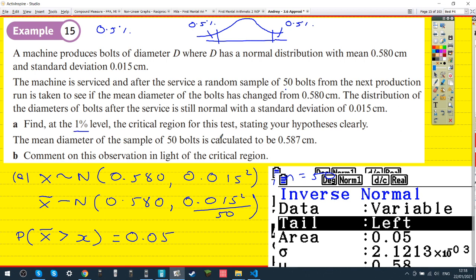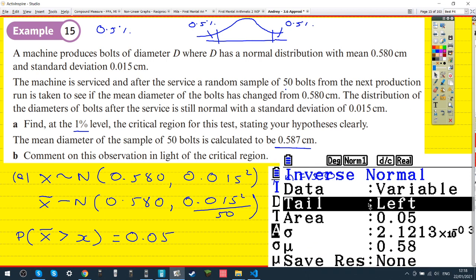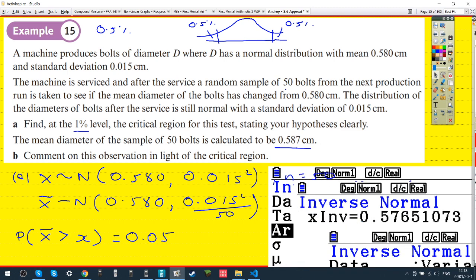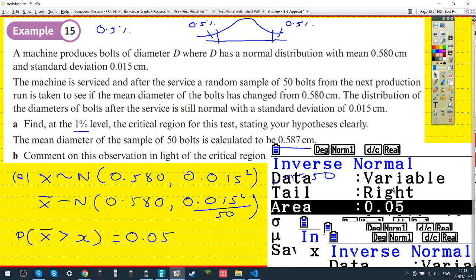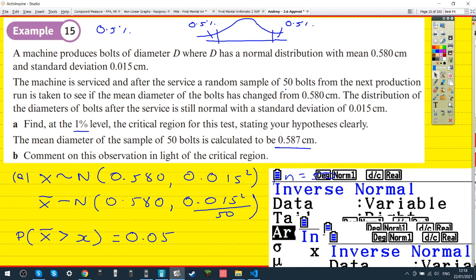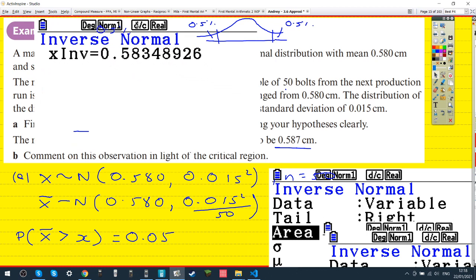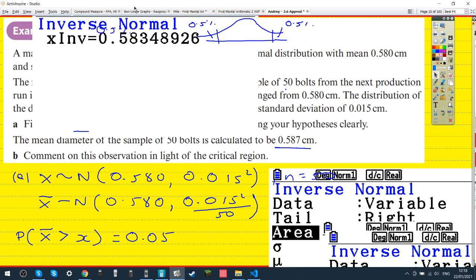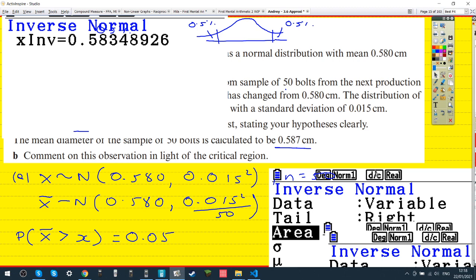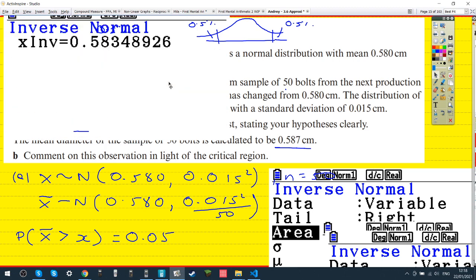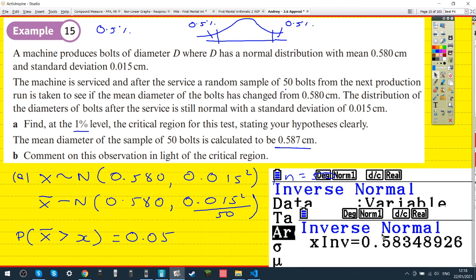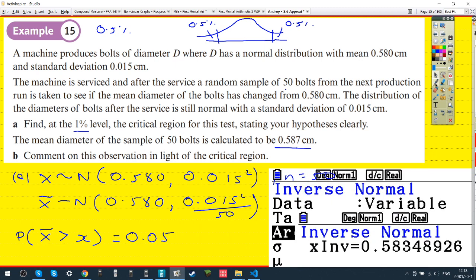So the mean diameter of the sample is this. Comment on this observation in light of the critical region. Any idea about that one? I'm a bit confused, I think.